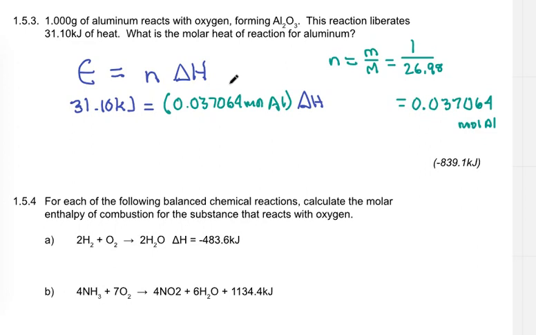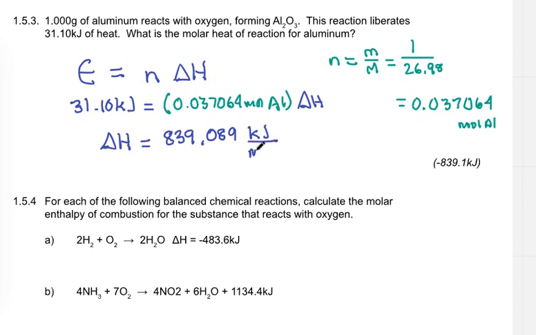So 31.10 divided by 0.037064, we get delta H equals 839.089. Units would be kilojoules divided by moles of aluminum.